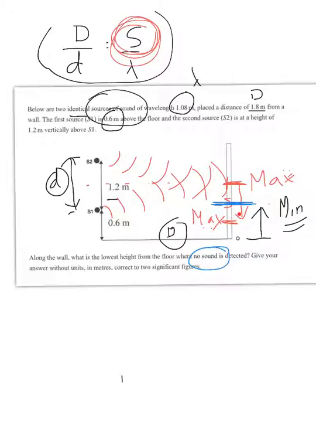Once you've worked out S, which is that distance, you can divide it by 2 to give you this distance and this distance. Now, you know that this height is equal to 1.2, because you can see here from the bottom to here it's 0.6, and then from here to the middle where the maxima is, it's 0.6.